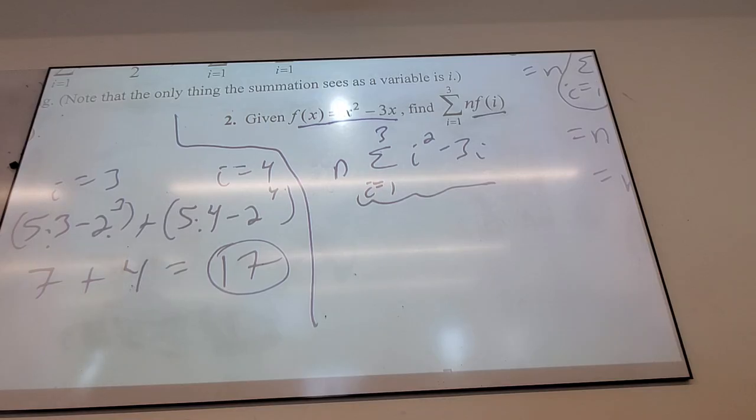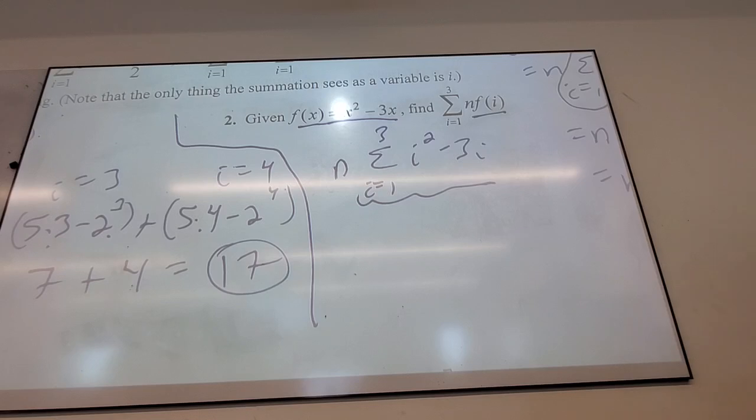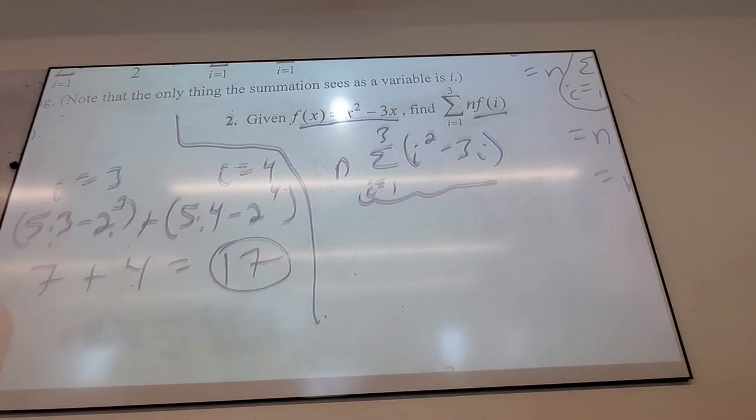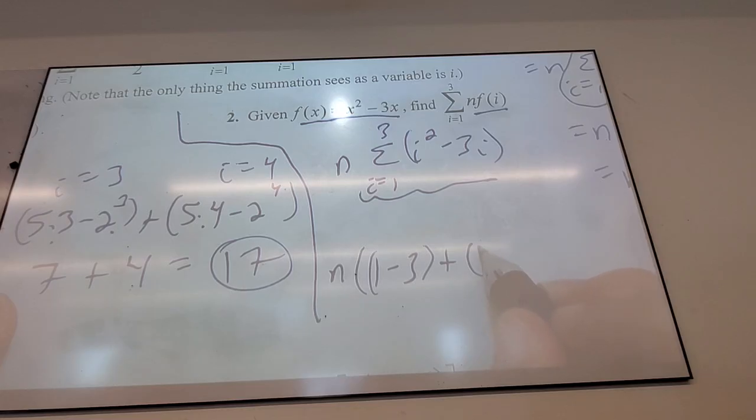And now you just plug in. Just to make sure we know, the minus 3i is in there. So then we get n times 1 minus 3, plus 4 minus 6.